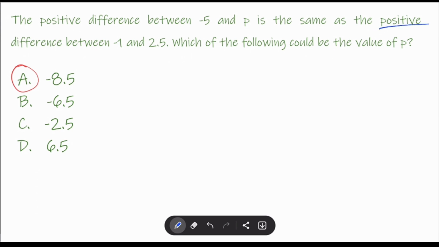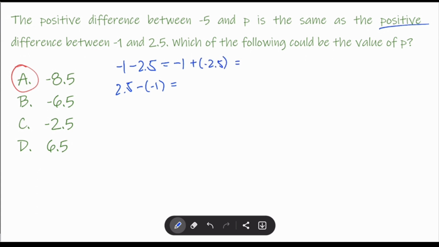So if you're going to subtract -1 and 2.5, there are two ways to get that: -1 minus 2.5 or 2.5 minus -1. For the first one, -1 minus 2.5, it's the same signs, because you can write -1 minus 2.5 as -1 plus -2.5.